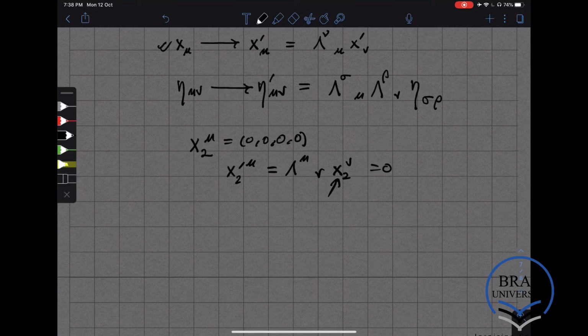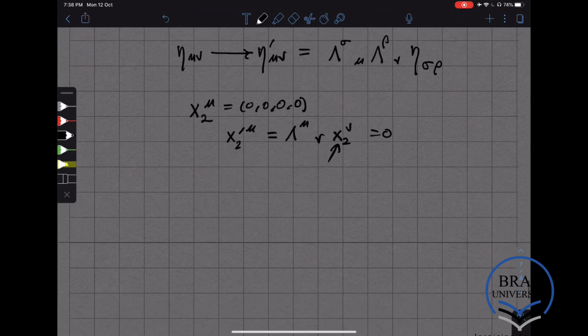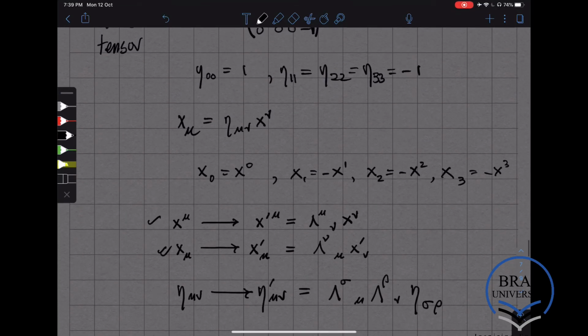Let's get back. What we want to show is that if we have some interval, say ds_12 in one reference frame, it's equal to ds_12 in another reference frame. But what is s_12 in our first reference frame? Well, it's actually x_μ x^μ. If you don't believe me, let's look at this.